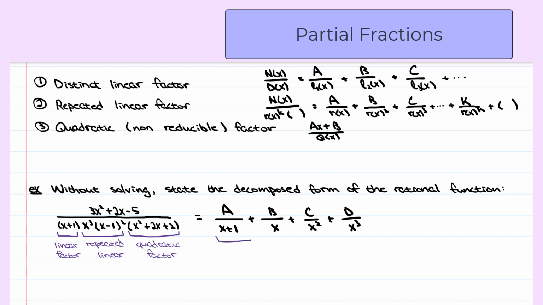So this is for the linear factor, and these three are for the repeated linear factor x cubed, and plus a constant over x minus 1 plus a constant over (x minus 1) squared. So these two terms are for the repeated linear factor (x minus 1) squared.